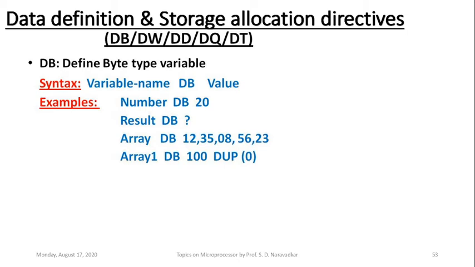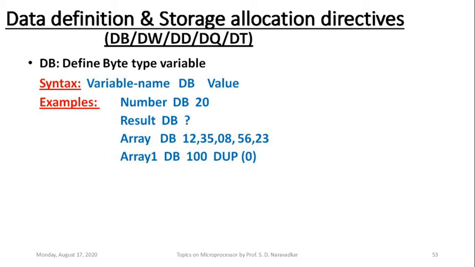So this way define byte will reserve for the corresponding variable either a single byte location whose value is perfectly known at the time of declaration, just like the first example, or even without knowing the value, a byte can be reserved.